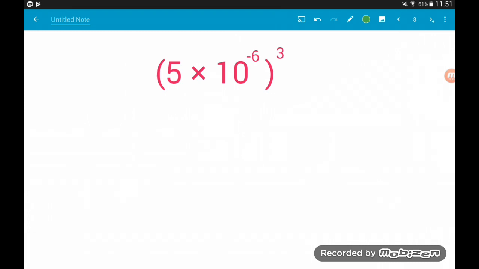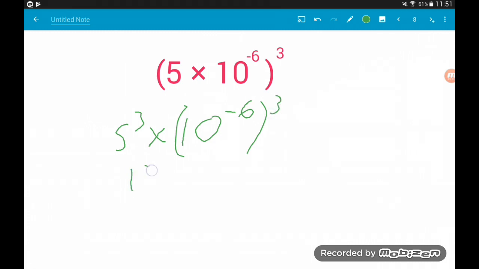That power of 3 on the outside is going to move inside of the brackets and give us 5 cubed times 10 to the minus 6 all cubed. Now 5 cubed is 125, and 10 to the power of minus 6 cubed is going to give us, well, minus 6 times 3 is minus 18, so we've got 10 to the power of minus 18.